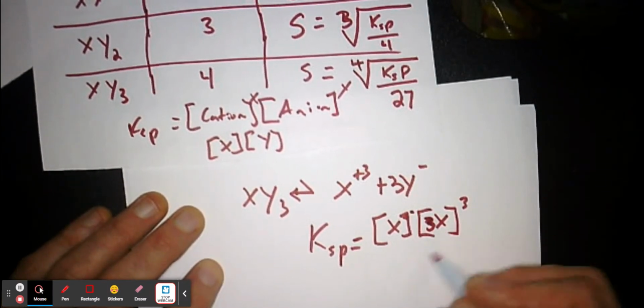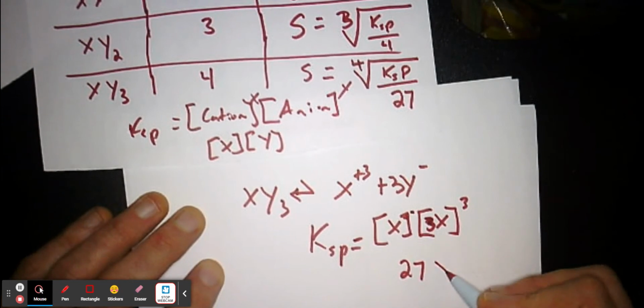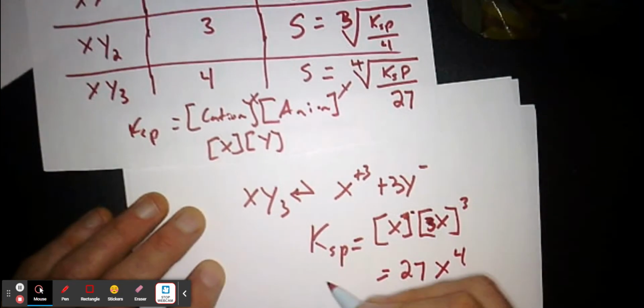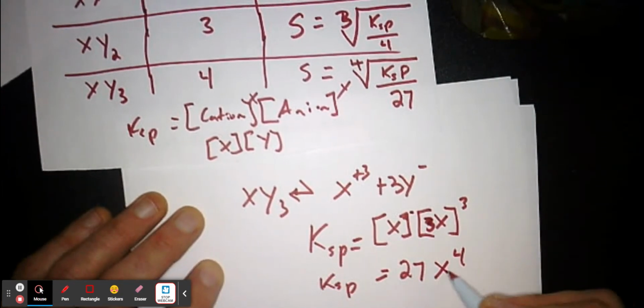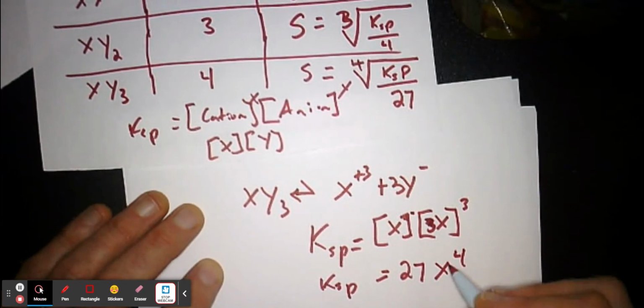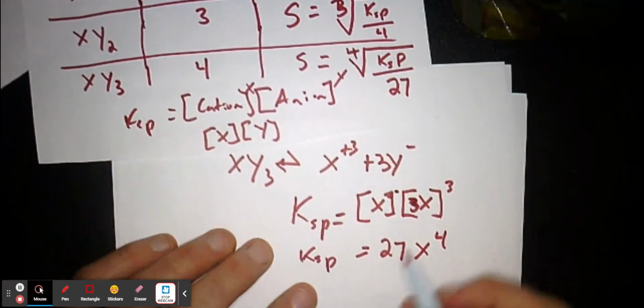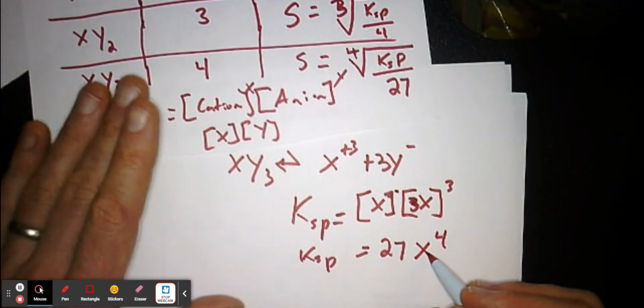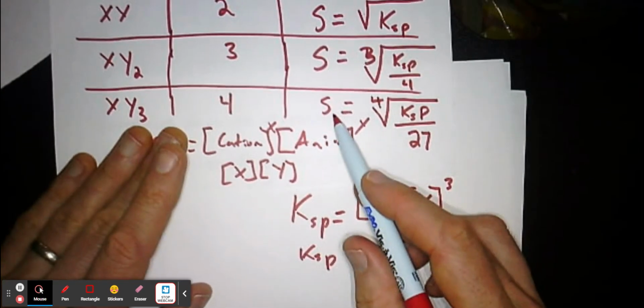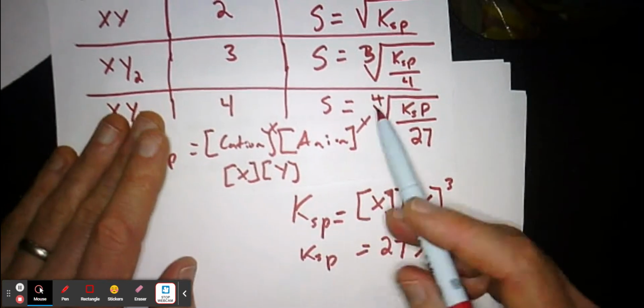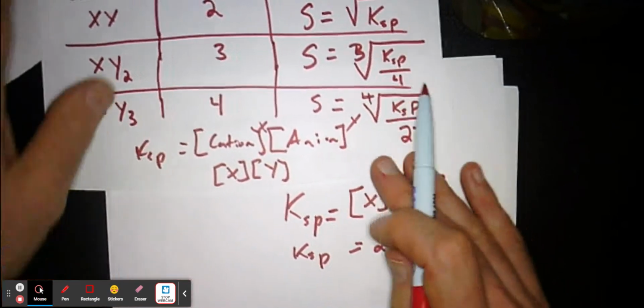So this becomes 27 X to the fourth is my Ksp, and X is my molar solubility. I said X and I said S, so they're kind of interchangeable.